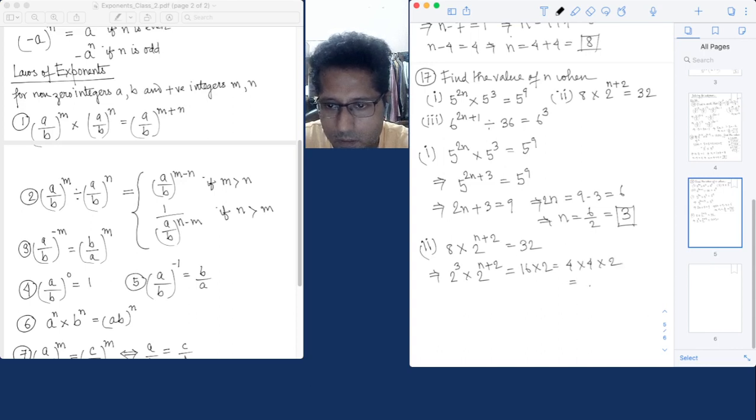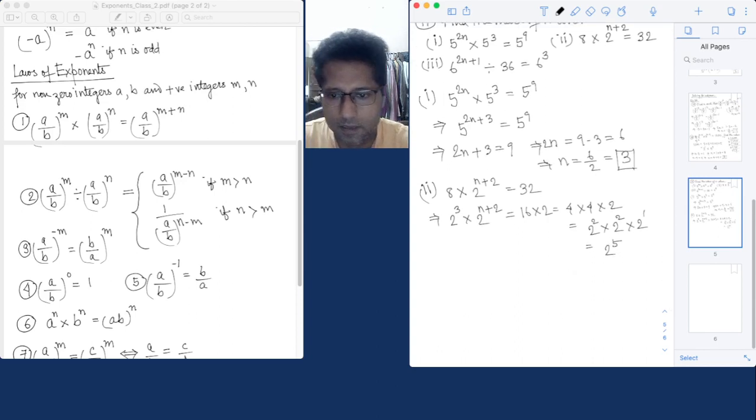This is 2 square multiplied by 2 square multiplied by 2 to the power 1. This is 2 to the power 5. And the left hand side also we can merge. It's a product of two exponents where the base is 2. So it will be 2 raised to the power 3 plus n plus 2 equals 2 to the power 5.